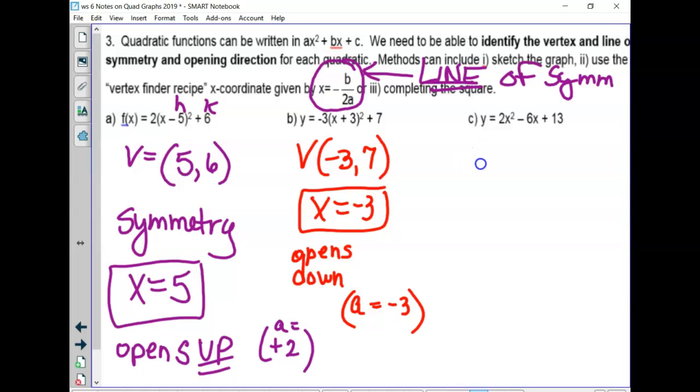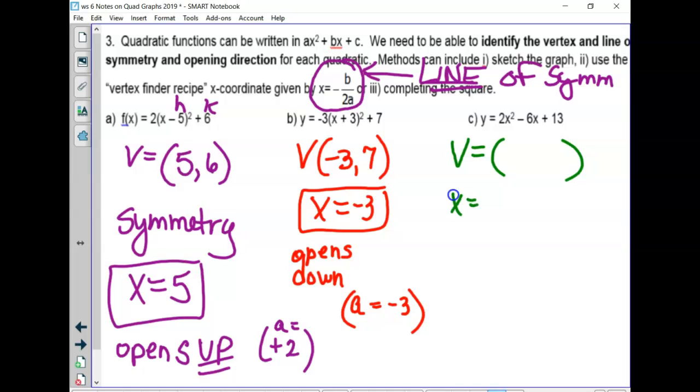All right, C. What's wrong? Not in vertex form. But can we use the vertex finder recipe? It doesn't even want us to write it in the form necessarily. I think I'll practice that anyway, but let's just find the vertex. How do you find the vertex?